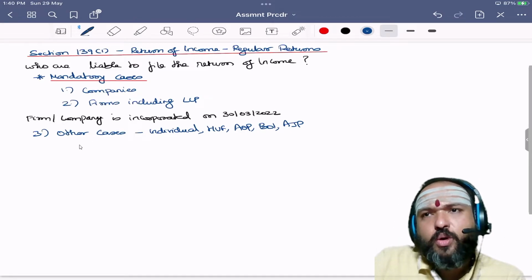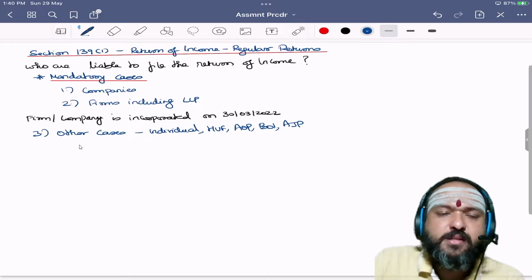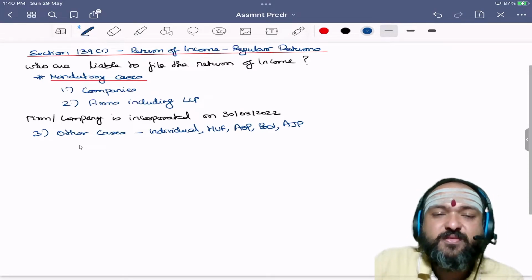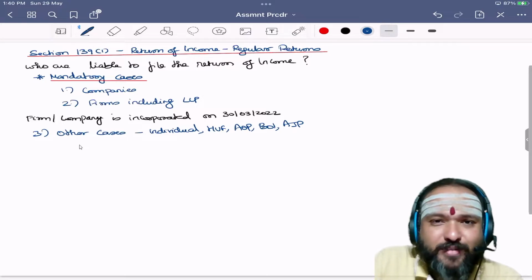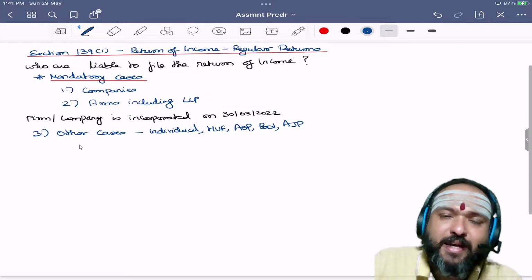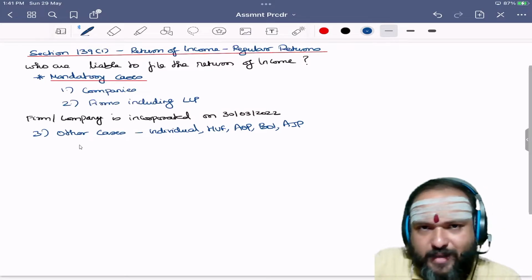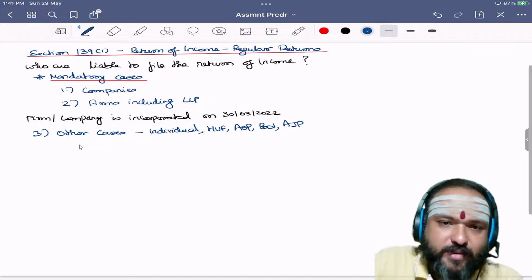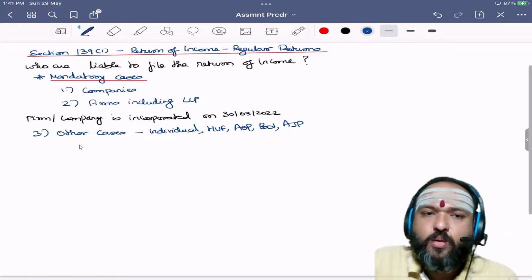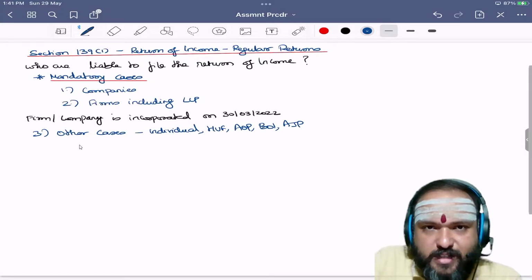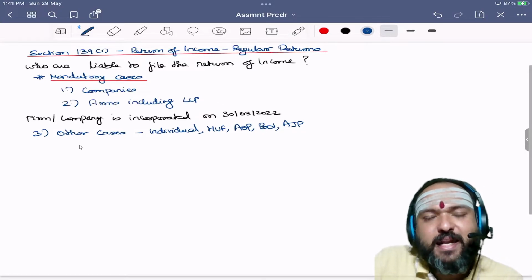Okay, so these cases, what is the peculiarity as compared to companies and firms? For these cases, we have what is called a slab rate of taxation. So up to 2.5 lakhs not taxable, up to 3 lakhs not taxable, up to 5 lakhs not taxable, etc. are the rates that are given for these type of assessees, right? So the definition of mandatory return for these type of assessees has been slightly modified.